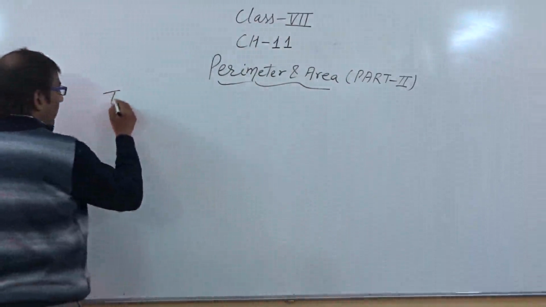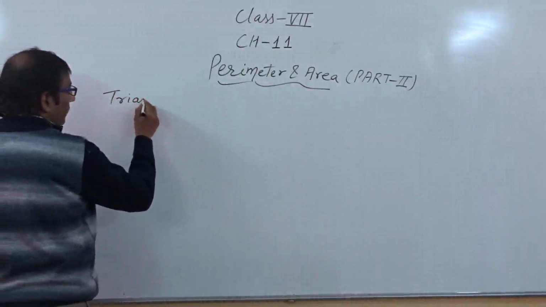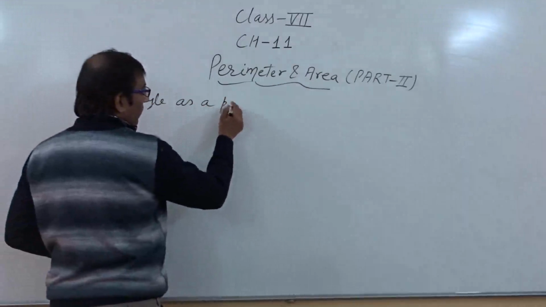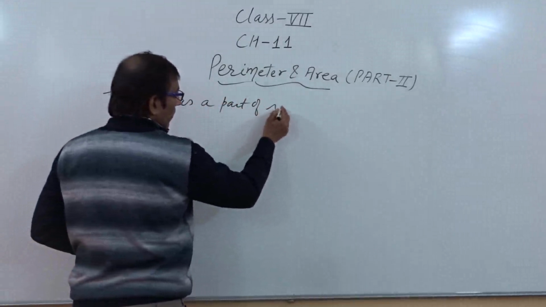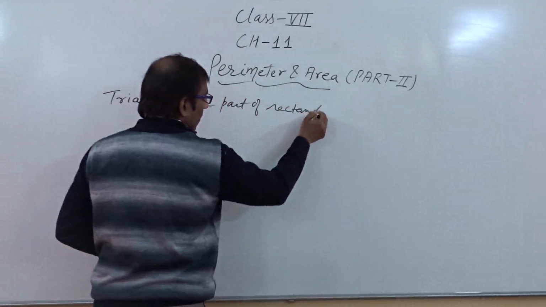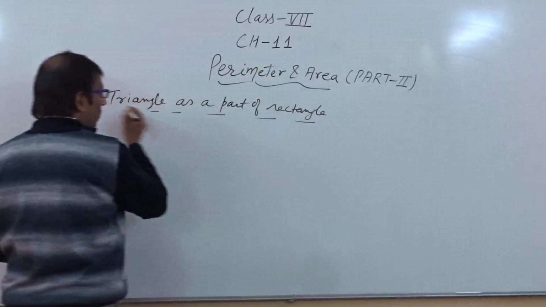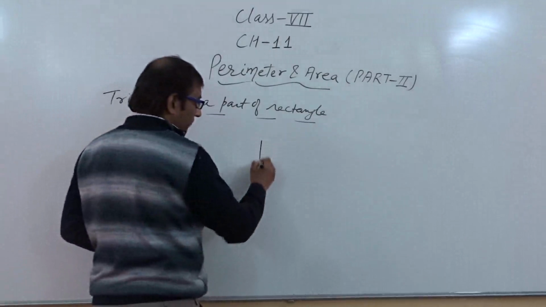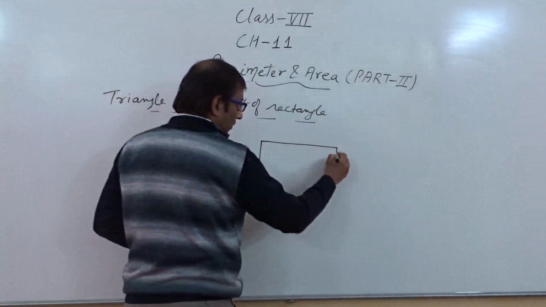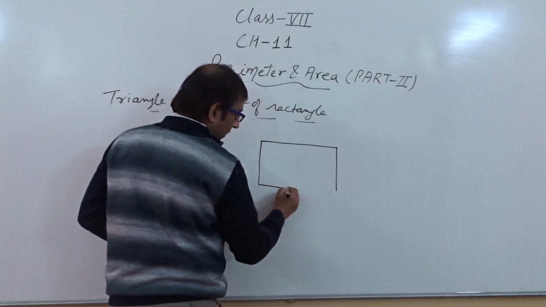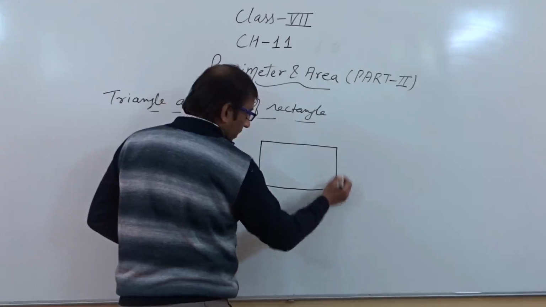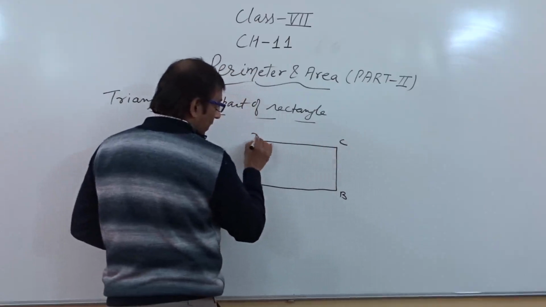We can say triangle as a part of rectangle. So how can we say this? For example, this is a rectangle ABCD.